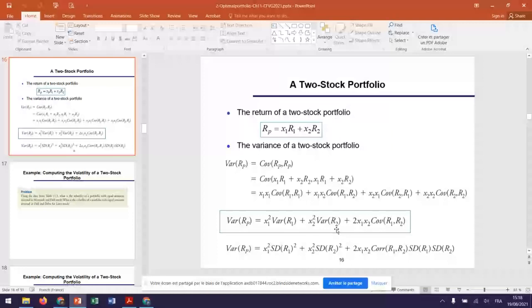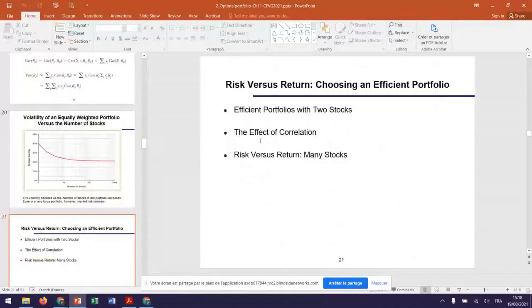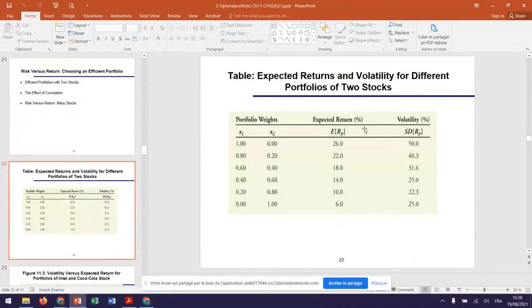If you know the correlation of Intel and Coca-Cola, you can calculate exactly what to put in this table. After this, you can see I have an expected return of 26% and 50% volatility if I hold 100% of Intel.